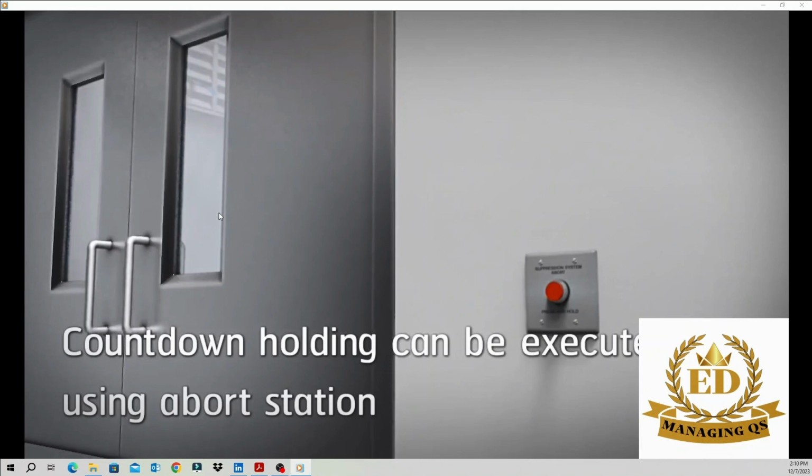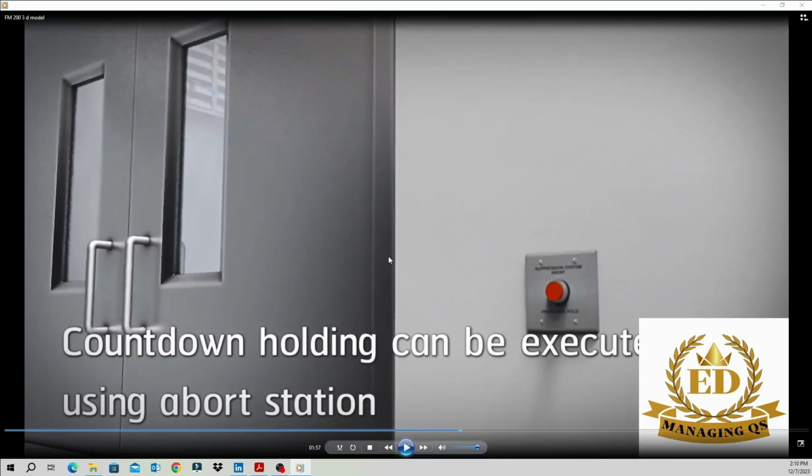At that time he can easily understand, okay, no need for much FM200 system gas or any high-level firefighting process. We can handle it manually. So at that time he looks through these glasses and easily identifies, okay, this fire is not very high-level or deep. Then he is going to press this button immediately.